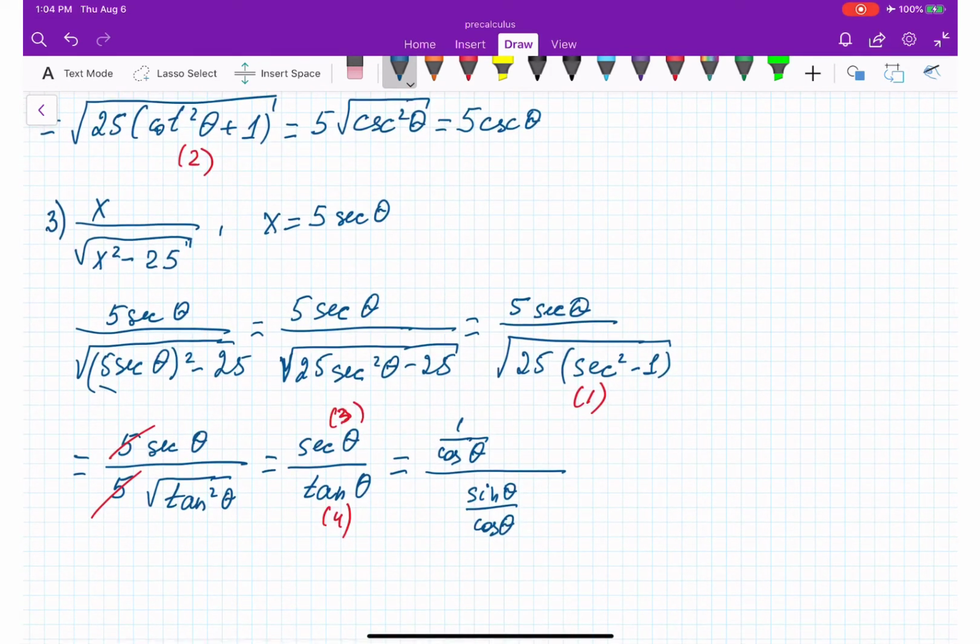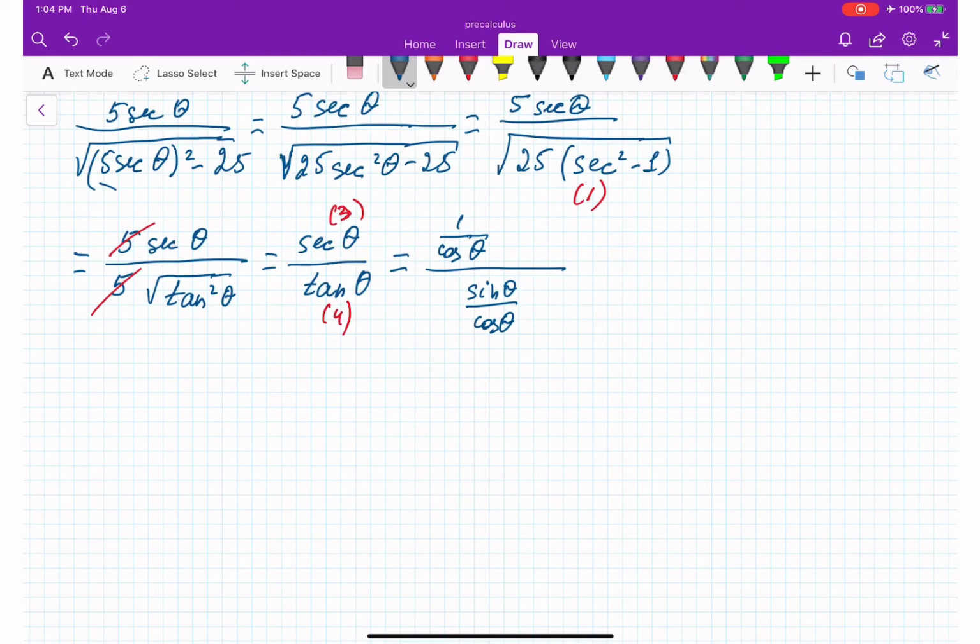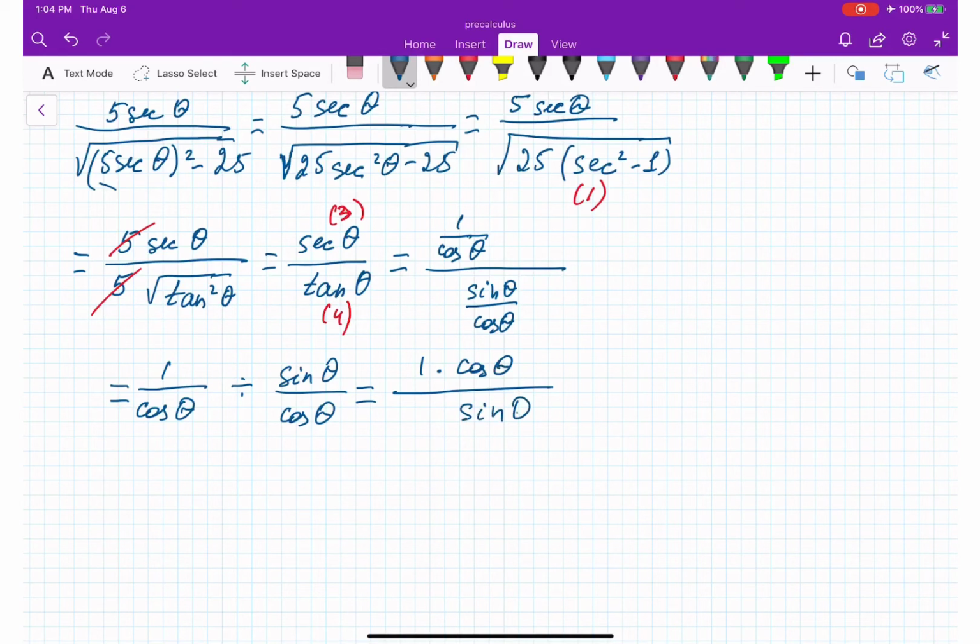Okay, so let's divide. 1 over cosine theta divided by sine theta over cosine theta, and we get 1 times cosine theta; we flip it, or cross multiplication, as I like to say. It's the same operation. So the result will be cosine and cosine are gone.